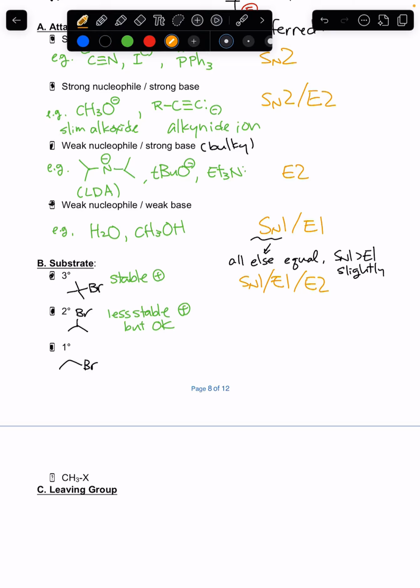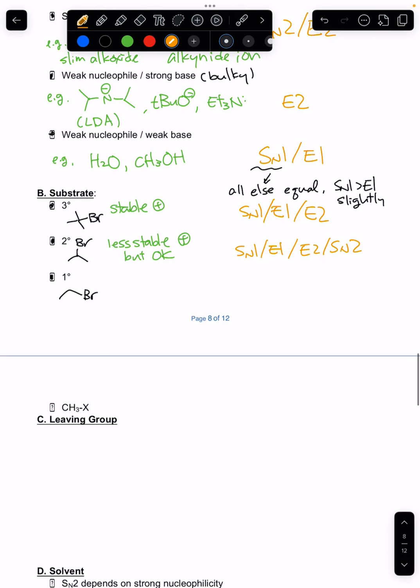And then it's not so bulky that this could not be attacked by a nucleophile directly to do SN2, and so for that reason, this is really the most complicated situation because you could do SN1, E1, E2, or SN2. Any of those is possible with a secondary substrate.